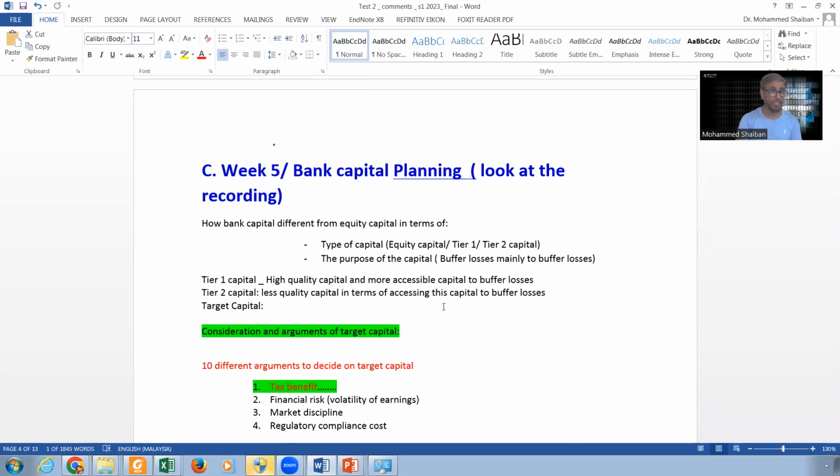Tier 1 capital is actually the common stock, so we can cover more risk with it. Tier 2 includes things like revaluation of assets, which is not very good capital to access when there are losses. You can still access it, but it's not as good as tier 1 in terms of accessibility.